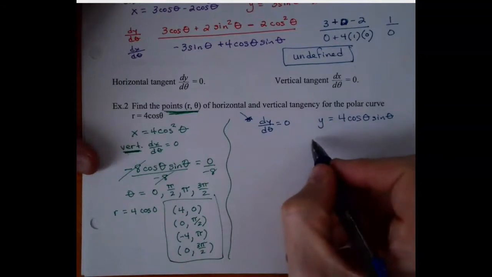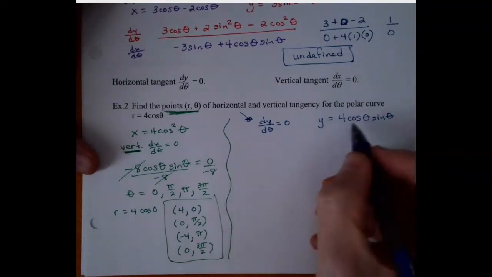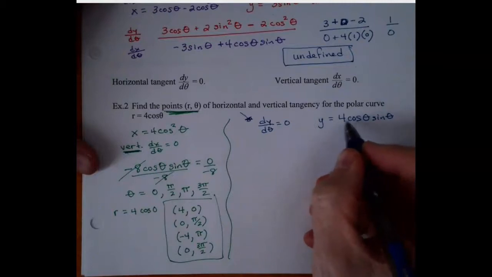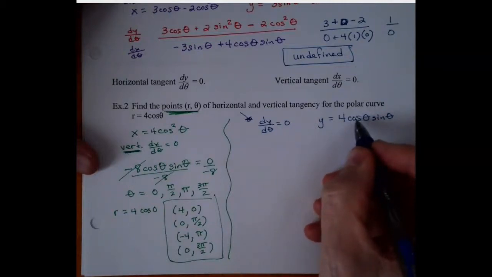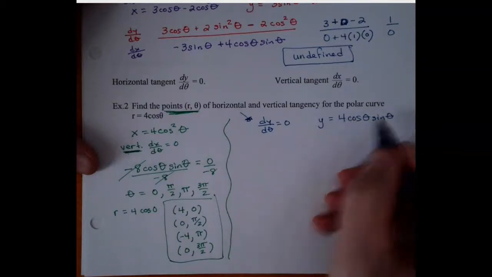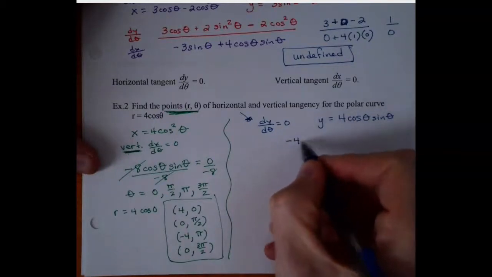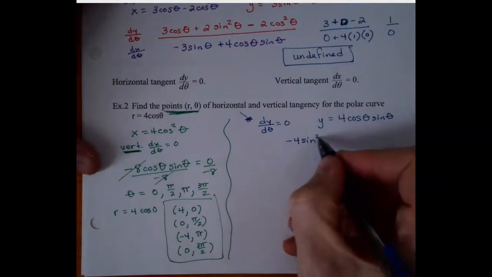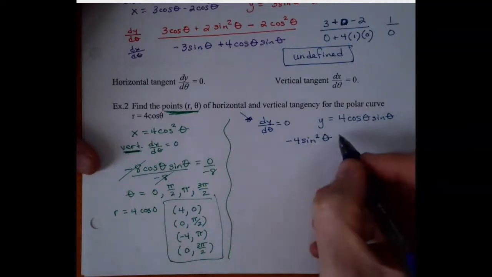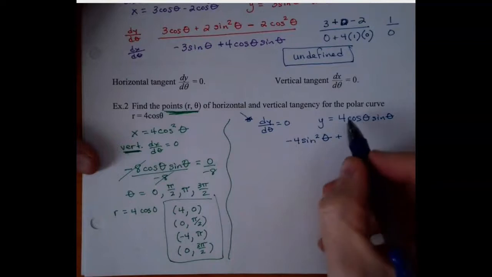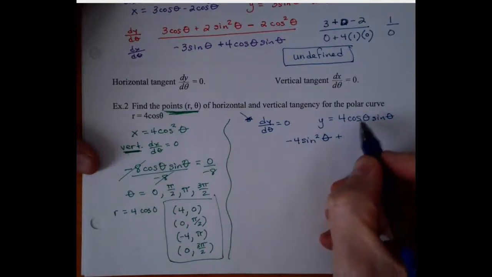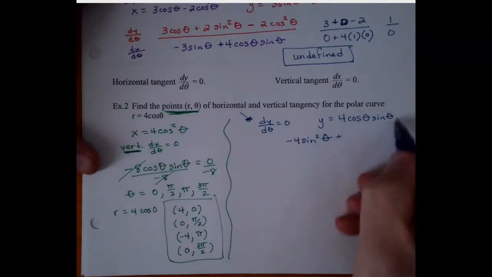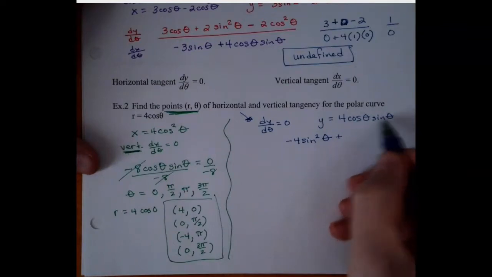So if we take the derivative of that, we're going to get 4 times the derivative of the first thing, which is negative sine. So that would be -4 sine squared, plus 4 cosine times the derivative of the second thing, which would be cosine.